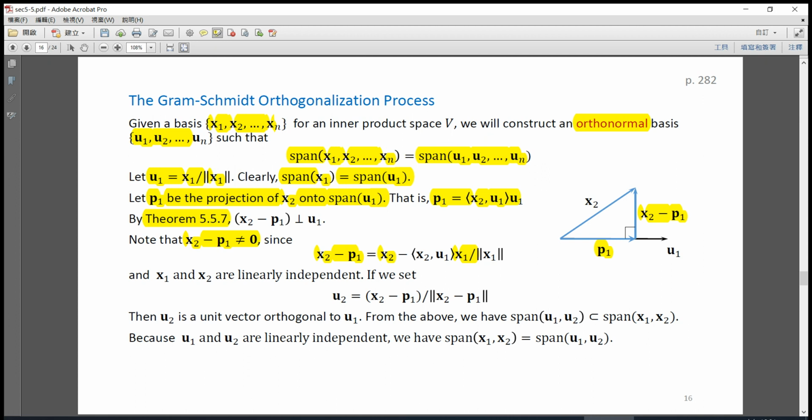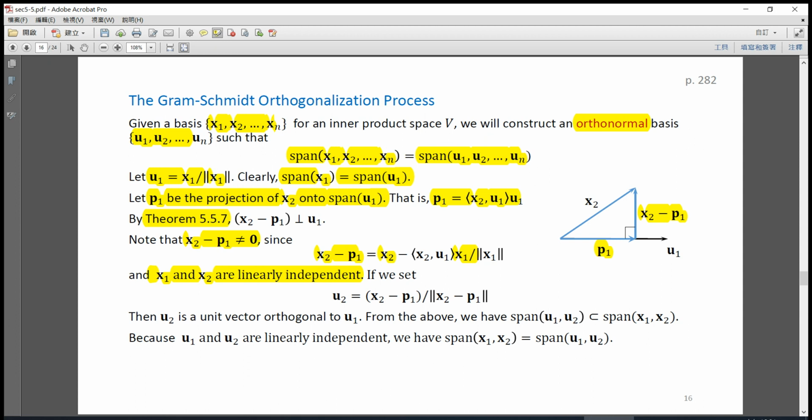Because if x2 minus p1 is the zero vector, then we find some non-zero coefficients such that the linear combination of x2 and x1 equals the zero vector, which is a contradiction to the fact that x1 and x2 are linearly independent.